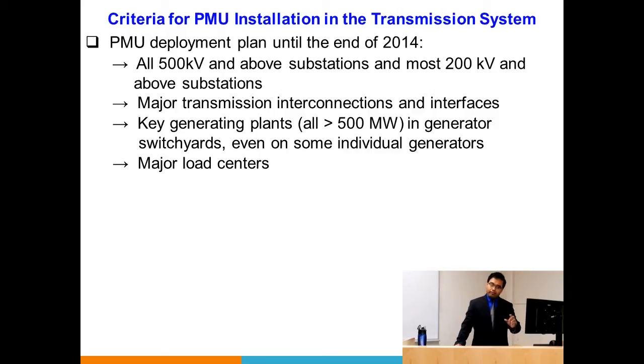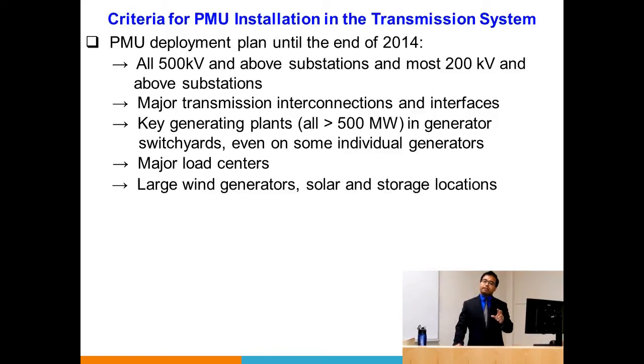And then we know that the renewable penetration that is happening now is putting a lot of dynamics into the system. So it is very important that we monitor those large wind generators, the solar farms, along with the storage locations with the PMUs, so that we can monitor the dynamics in a much better way.